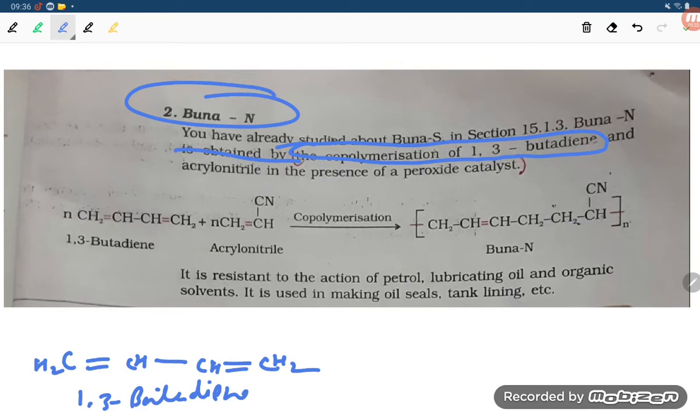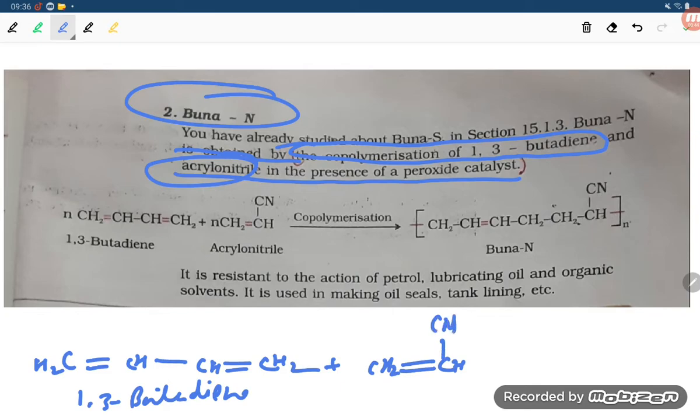Now, and acrylonitrile in the presence of a peroxide catalyst. Okay, so we are taking 1,3-butadiene and acrylonitrile. Acrylonitrile means what, students? CH2 double bond CH, and here is CN. So how is it forming? One electron here, one electron here.